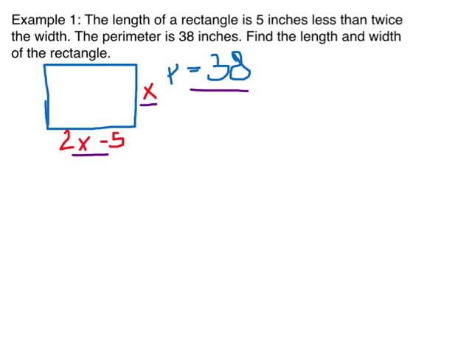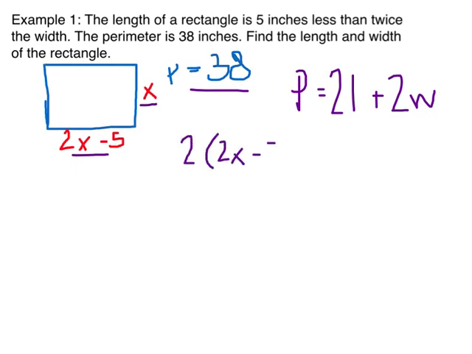That would be the perimeter formula. Perimeter is equal to 2 length plus 2 width. So let's set up our equation: 2 times (2x minus 5) plus 2 width equals our perimeter. And we know our perimeter is 38.